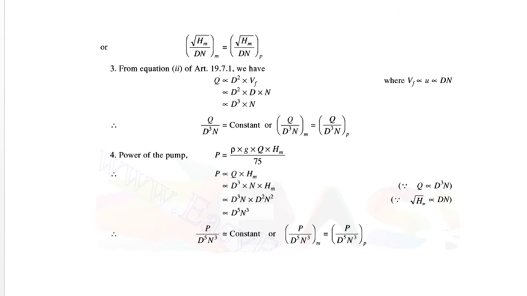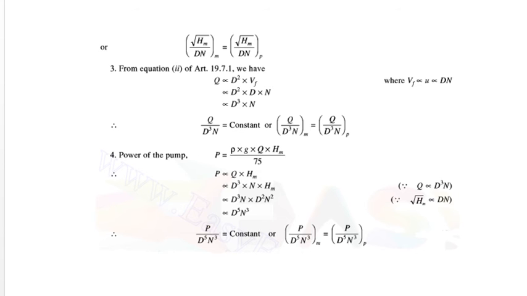Because Q is proportional to D into B into Vf, but D is also proportional to B. That's why Q is proportional to D square into Vf, and Vf is proportional to D N, because Vf and U are proportional with each other, and U is proportional to D N. From this relation we get Q proportional to D cube N, or we can say Q divided by D cube N is constant. So this relationship for the model should be equal to this relationship for the prototype.